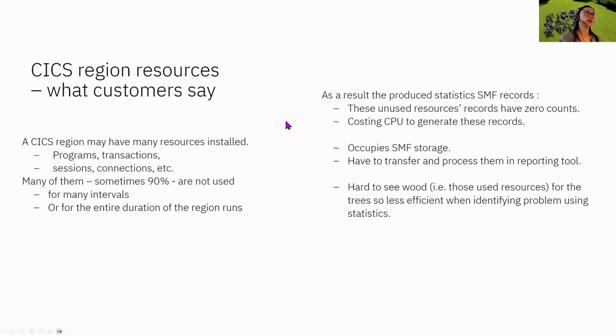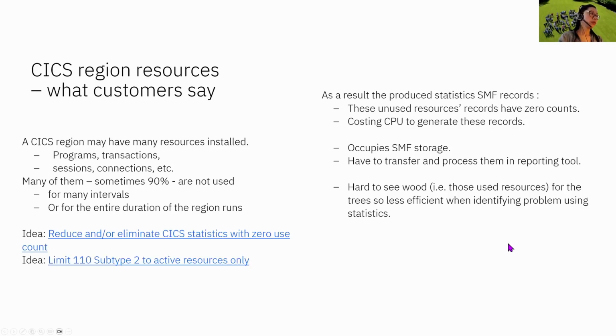As a result, you may get stats SMF records for those unused resources, which have 0 counts. It also costs CPU to generate those records and occupies storage in SMF. And you transport and process them in a reporting tool, and the reporting tool would need to filter them out, depending on what the reporting tool does. So it becomes hard to see the trees from the woods.